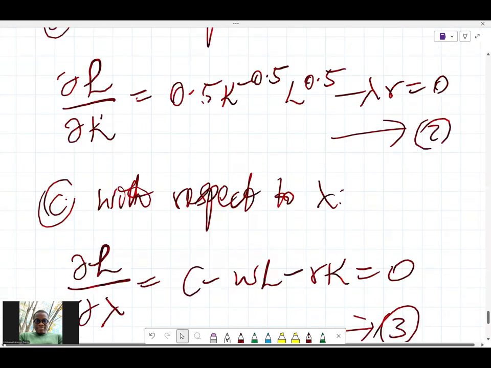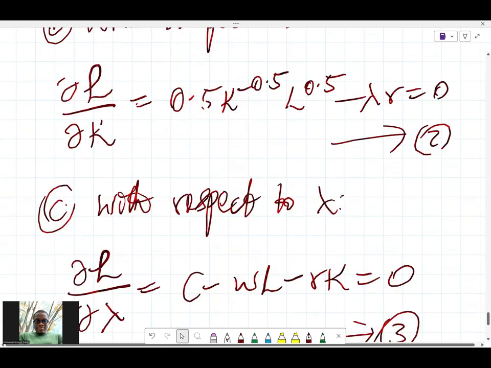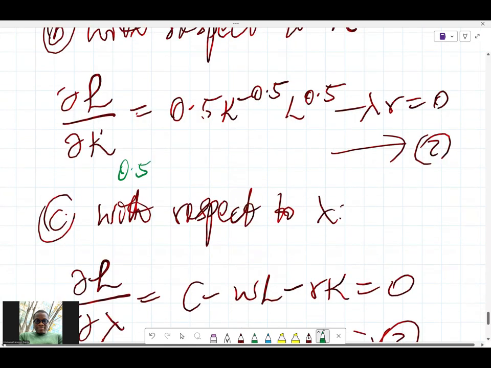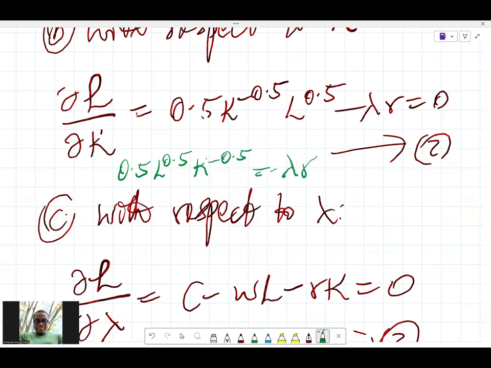And then here we have the second expression, right? This is 0.5 L raised to 0.5 K raised to minus 0.5 equals lambda R. What I've just done is to write L first, no big deal.